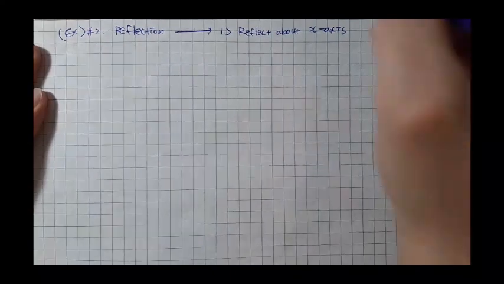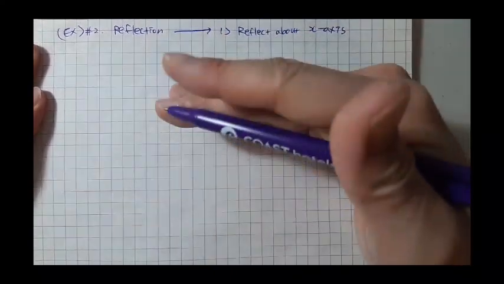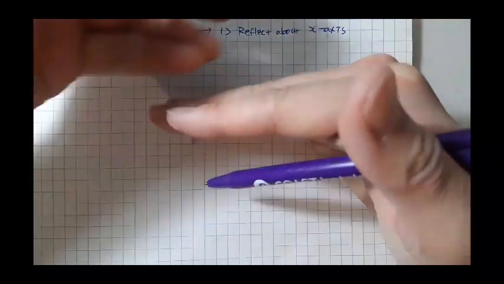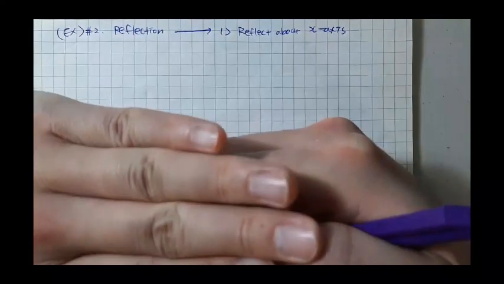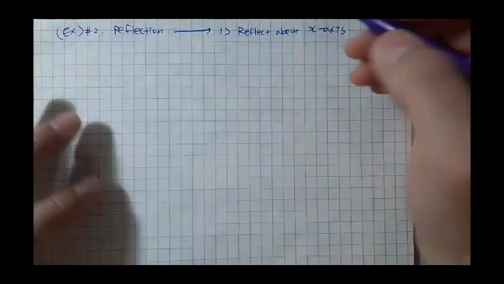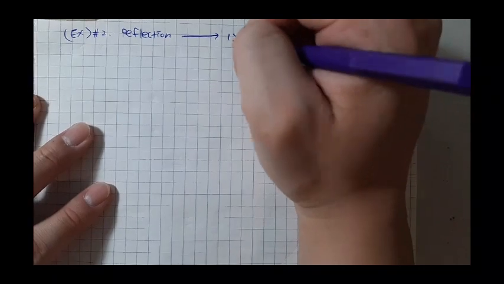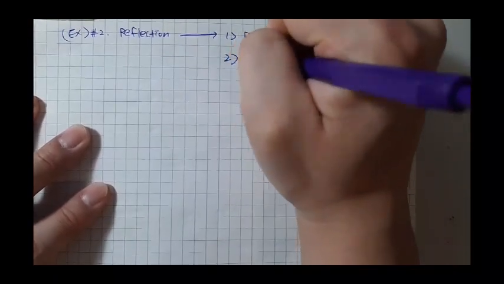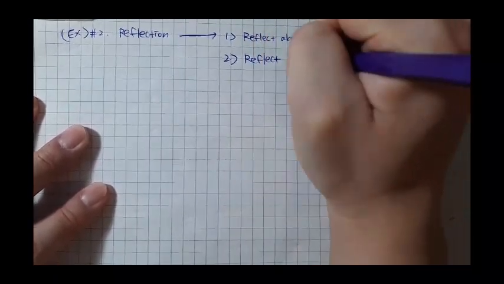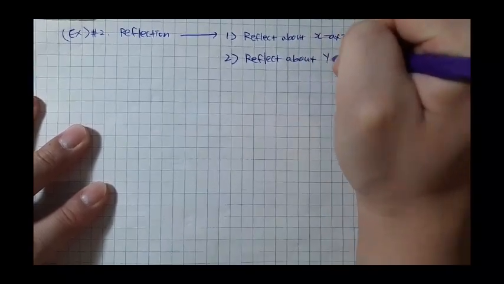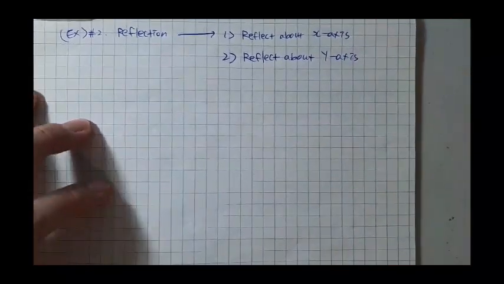That means my x-axis is the reflecting line, so you're basically folding the top and the bottom. Think of it that way, like origami in fine arts. Or number 2, reflect about the y-axis. So that's the other way around.